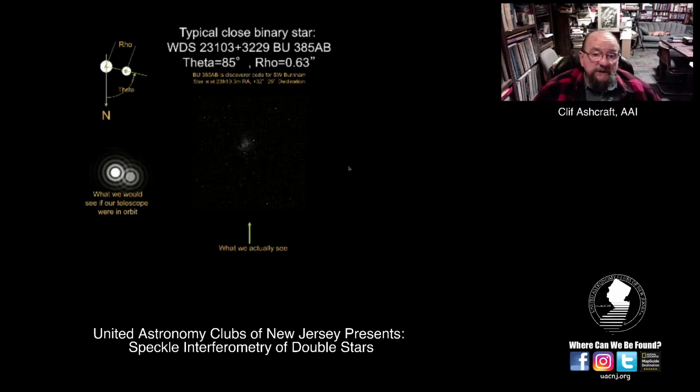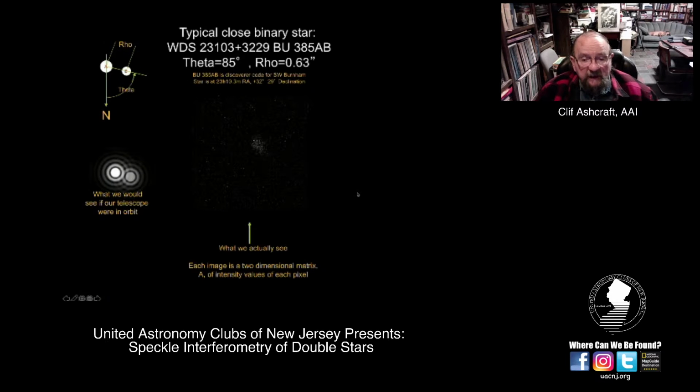Now, these are the frames of a video that I took. Normally, I take a sequence of FITS files, but if you displayed them end to end, it would look like this. Each image is a two-dimensional matrix A of intensity values of each pixel. We compute the Fourier transform, B, for each image, and then the modulus squared of each of the Fourier transforms.